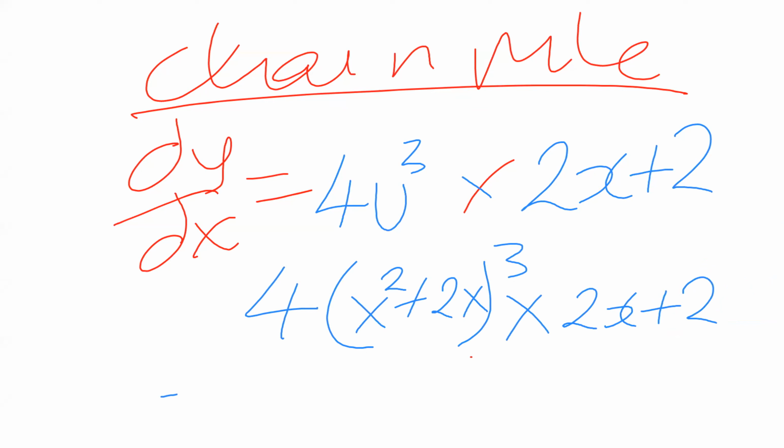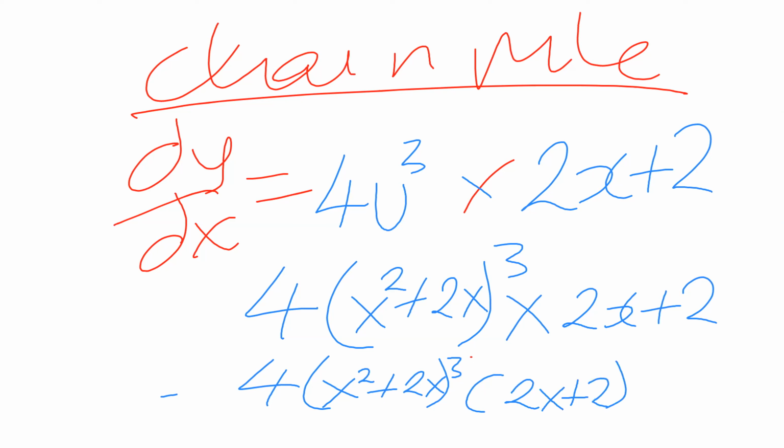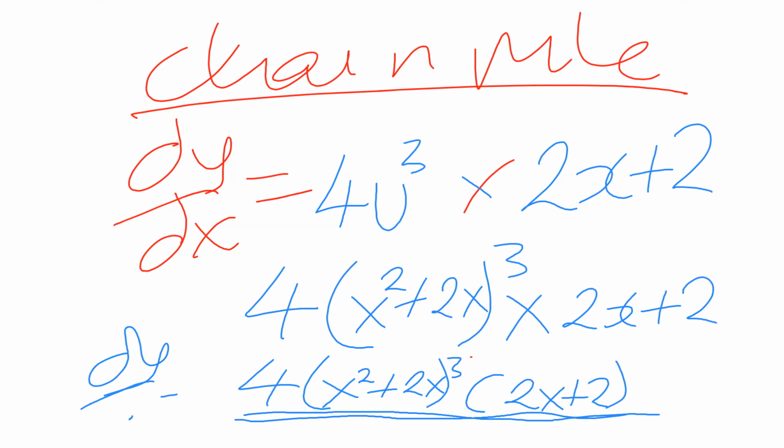Which simply means you can write this equation as 4 times x squared plus 2x, raised to the power 3, times 2x plus 2. You can end here. Do you get that? This is your dy over dx.